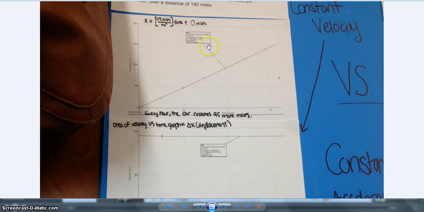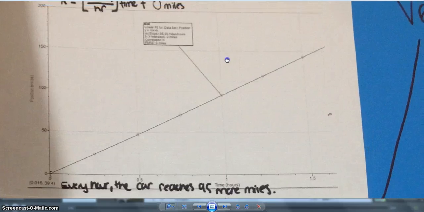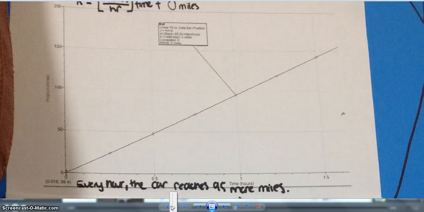And the slope is actually shown in tiny print there. I used Logger Pro to make my graphs just to seem a little more accurate. And you can see that the slope is 95 miles per hour, since the constant velocity is 95 miles per hour.